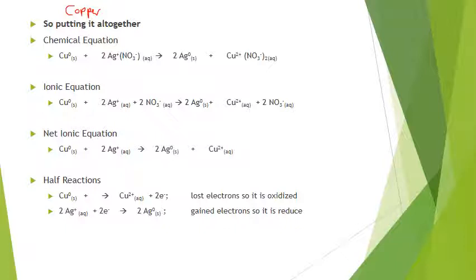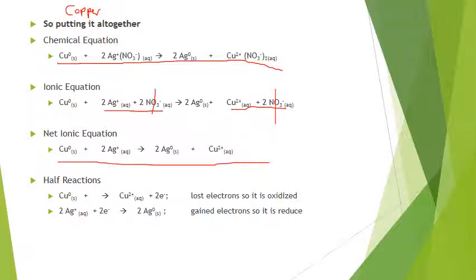All right, and then you write out the balanced chemical equation, and then write the ionic equation, show what happens in water. Okay, and then you lose your spectator ion, you end up with your net ionic equation, and then you have your half reactions, okay, and tell what's happening here.